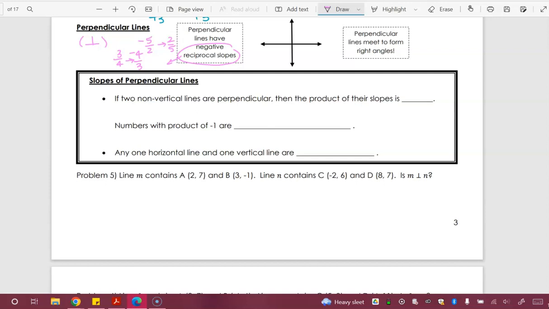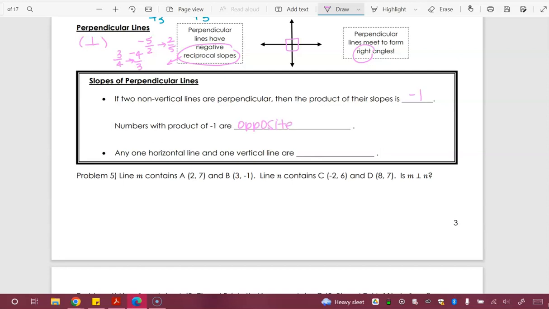Perpendicular lines intersect, and they intersect at right angles. So these are all right angles. If two non-vertical lines are perpendicular, then the product of their slopes is -1. So if you multiply these together, we get -1. Numbers with a product of -1 are opposite or negative reciprocals.